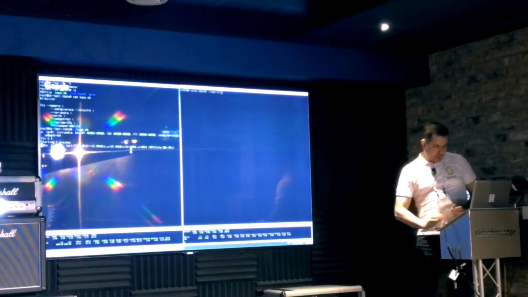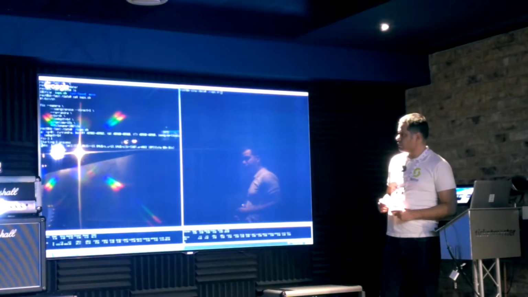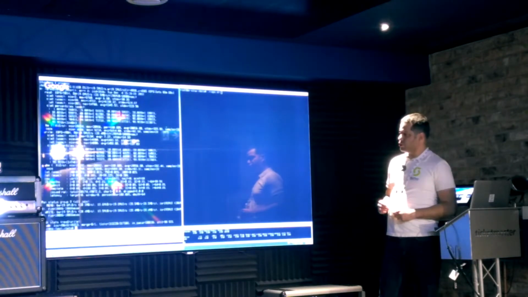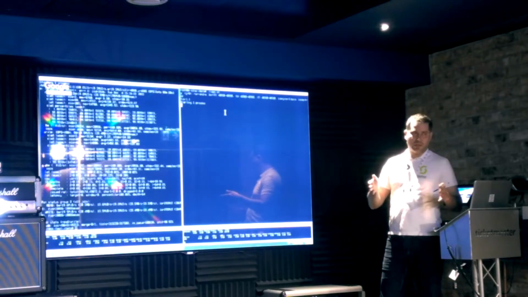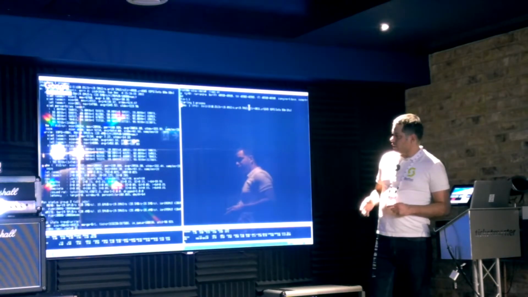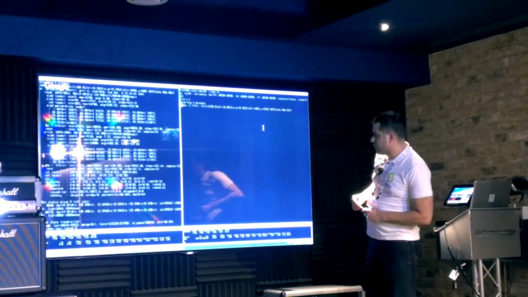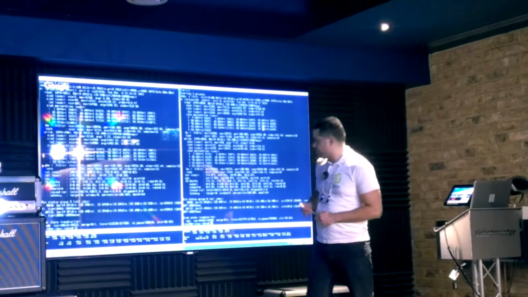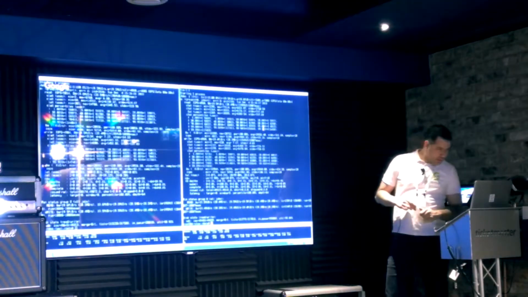Okay, so we're running the test here, and this block device can do about 10,000 IOs, which is 5,000 reads, 5,000 writes in total. And we're looking at the latency here, an average latency of about 5 milliseconds, I think.